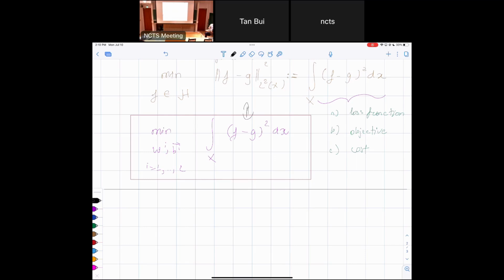Okay. But before doing that, let me do one more thing. As you notice here, in order to solve this optimization problem in general, I need to know G. See that? We don't know G. But if we want to solve this minimization problem, clearly f is a function of G, right?